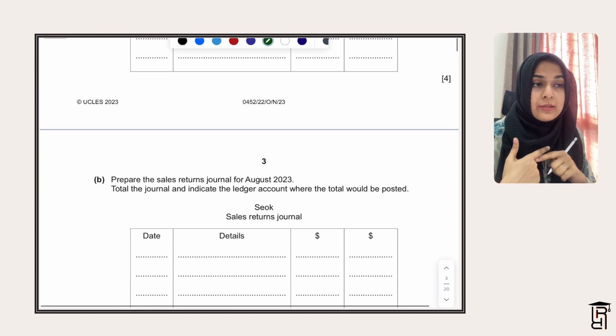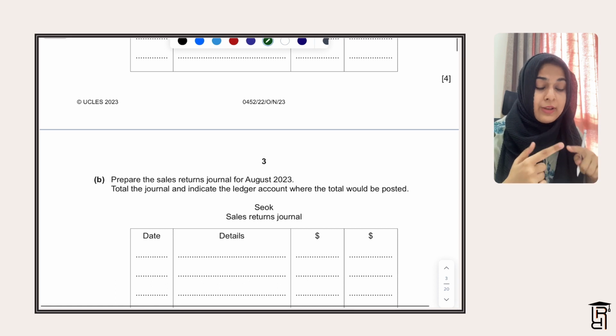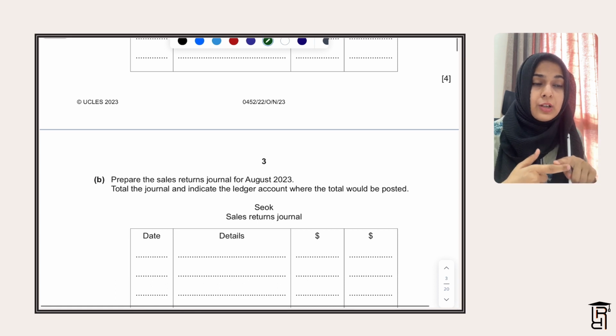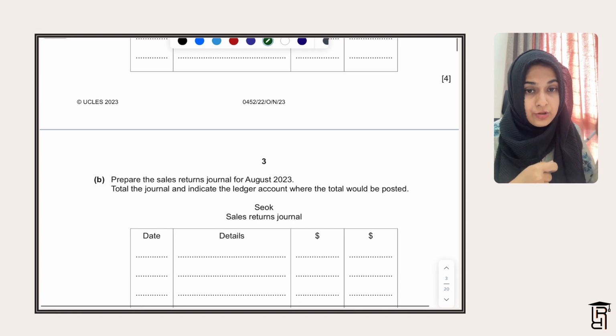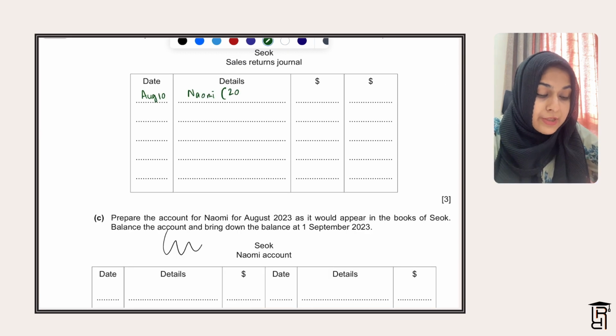We had sold her goods on list price minus 10%. So when she's returning, that should also be the return amount if the list price is there. So you should reduce it by 10% in order to get the correct amount of returns. So 20 minus $2, because 10% of 20 is $2. When you subtract these both, you get $18.